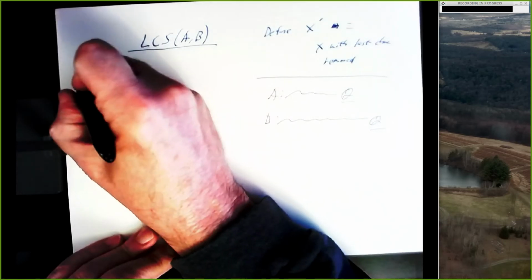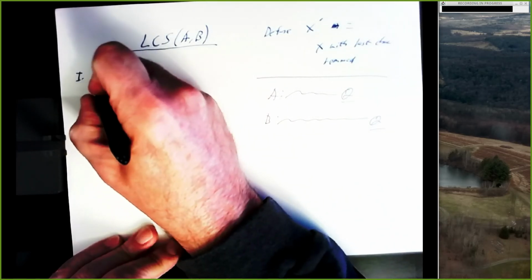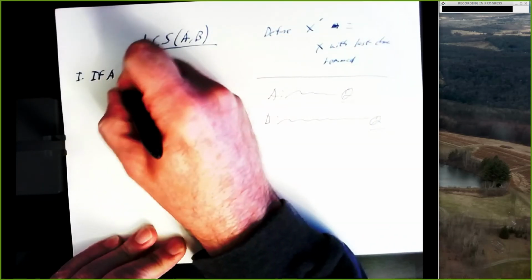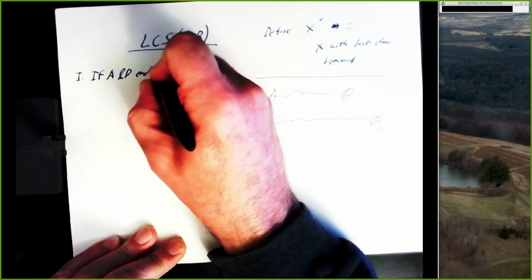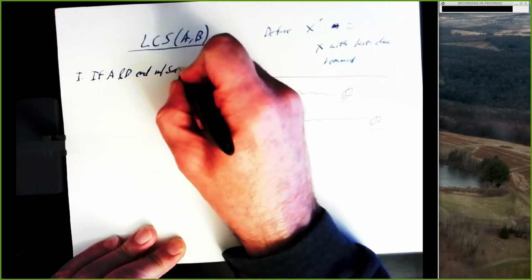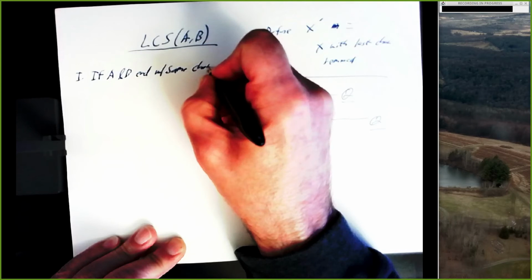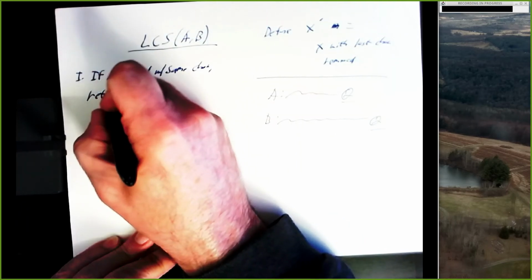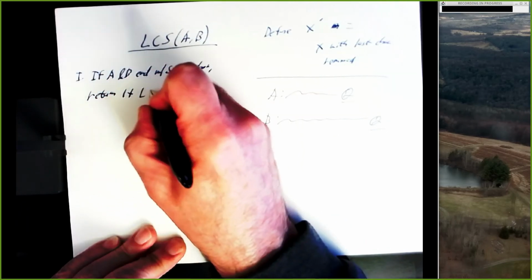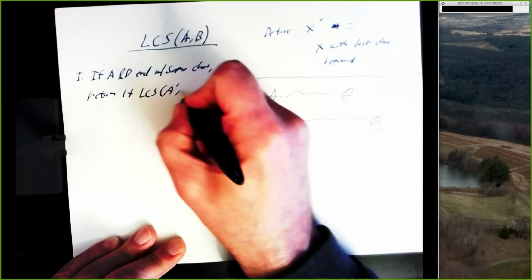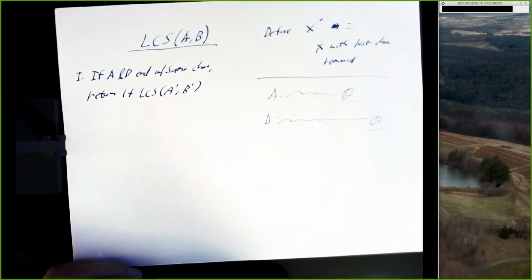So this is one possibility. If A and B end with the same character, return 1 plus the longest common subsequence of A prime and B prime.